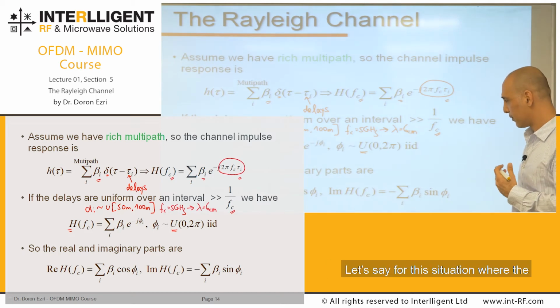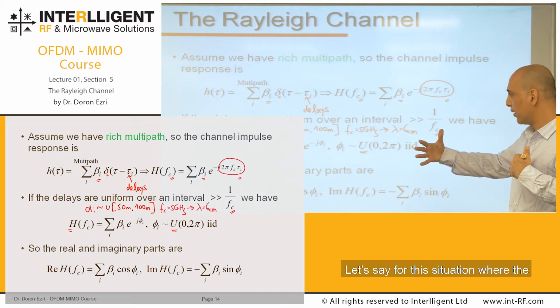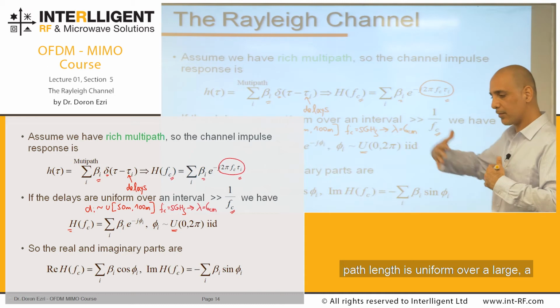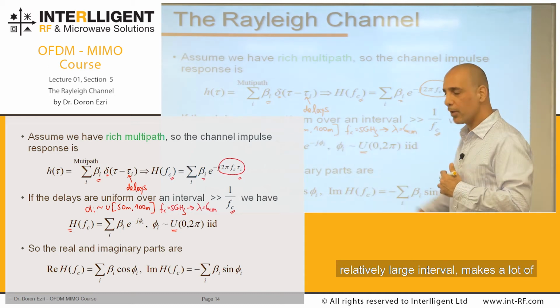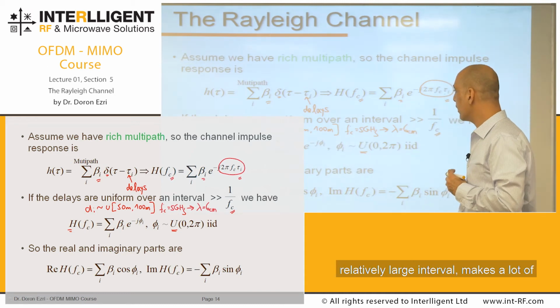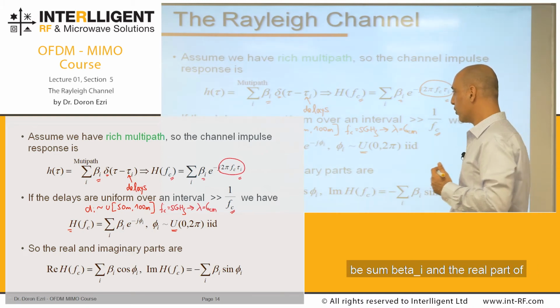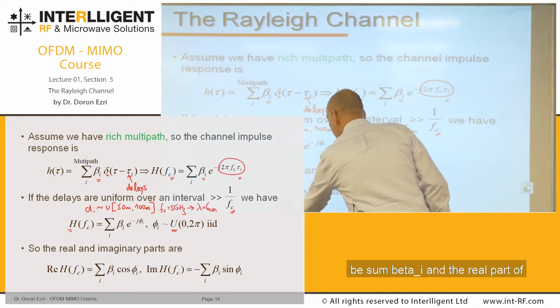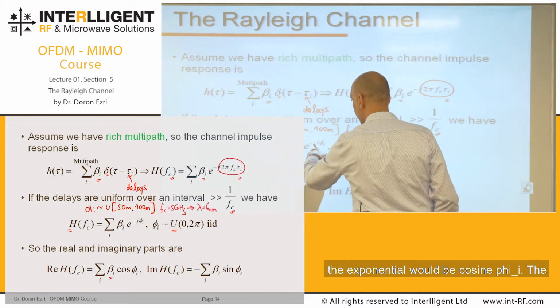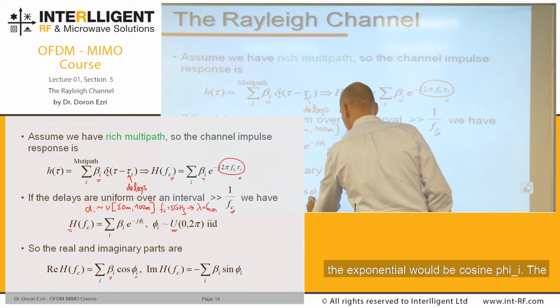Okay, makes sense. For this situation where the path length is uniform over a relatively large interval, it makes a lot of sense. So the real part of h(fc) would be sum of beta i, and the real part of the exponential would be cosine phi i.